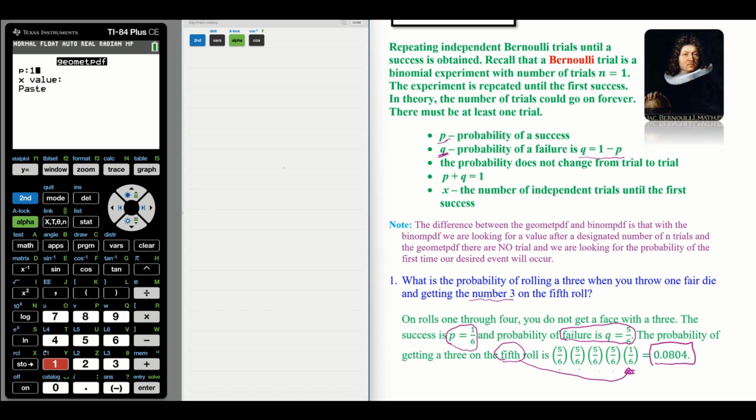Then our success probability is 1/6, enter, and we're looking for exactly on the 5th time, but that'll be the first time we see a success. And yes, with some rounding, that's a precise answer.